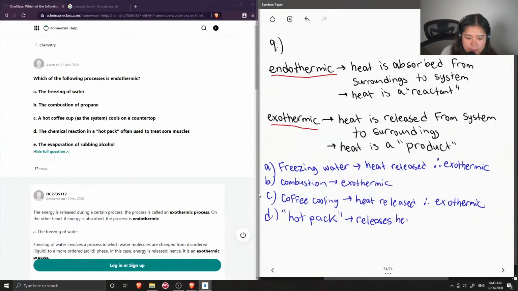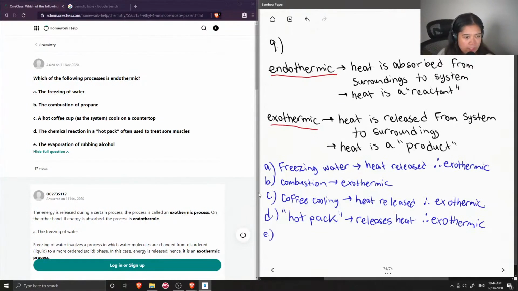It's pretty much a hot pack that you put on your muscles to kind of relieve the pain. And since it's hot, it gives off this heat onto your muscle pain, and that's how it is used to treat the sore muscles. So since this releases heat, again, we have another exothermic reaction. So this leaves us with E.